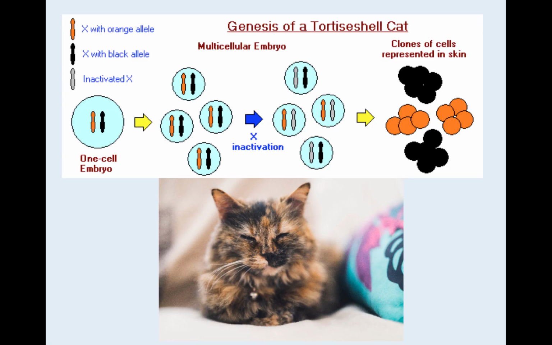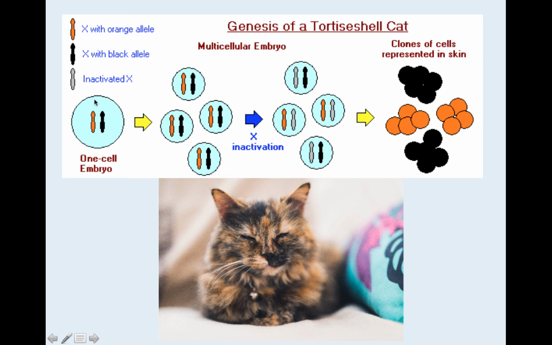So this is a really cool example of X-inactivation, and this is where you get tortoiseshell bird killers. I mean cats, sorry, forgive me. So here is the embryo, and it's going to undergo mitosis when it grows, and then one of those X's is going to be randomly inactivated, and that's represented by the grey here.